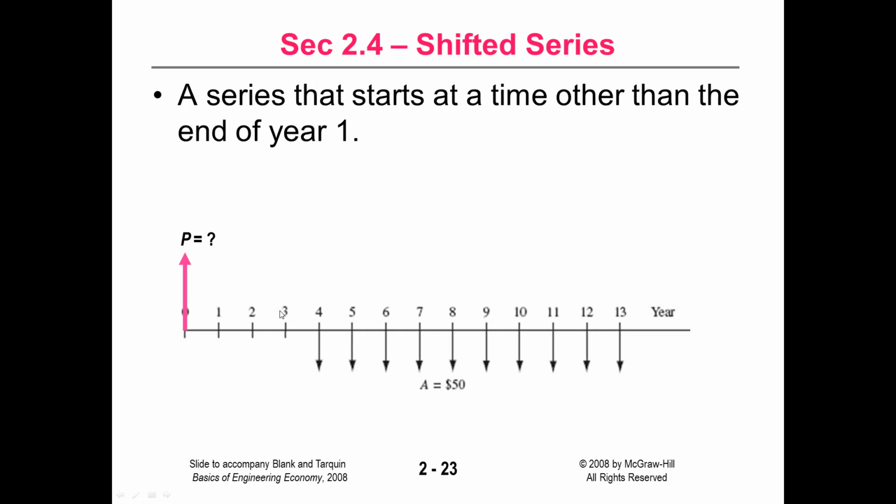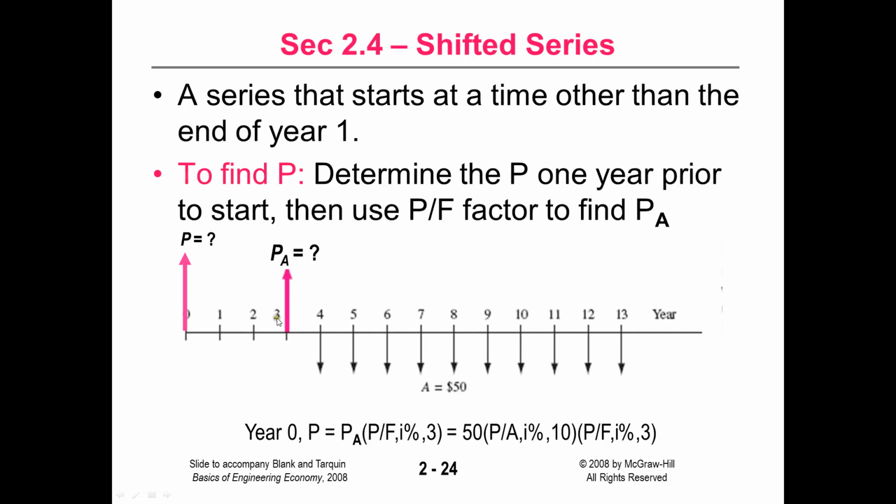So you're going to have to convert all of this, because you cannot just move it all the way up to year 0 because of the gap. First of all, discard this part for now. Come up with an imaginary P 1 year before your first A. So you're going to construct your ideal cash flow even though you don't have it.